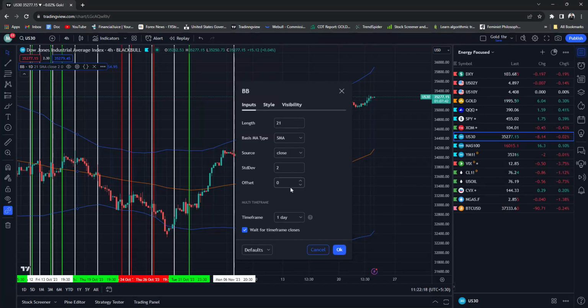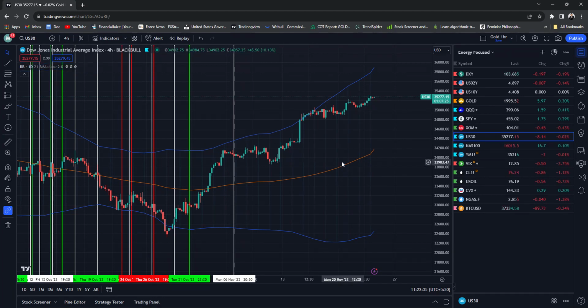We could also offset it by 1 bar, which would just take one bar off, but we don't need to do that, so let's just keep it as it is. As you can see, the price got exhausted in November and is slowly channeling up.